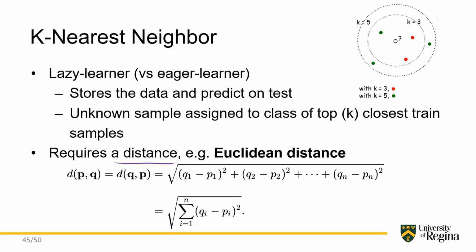If you want to get the distance between two points, P and Q, it's the same as Q and P, and it is measured using the square root of the sum of squares of the differences between each of those attributes between those variables.